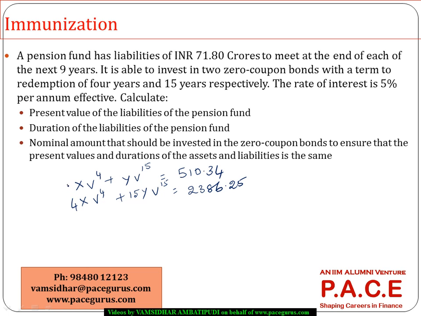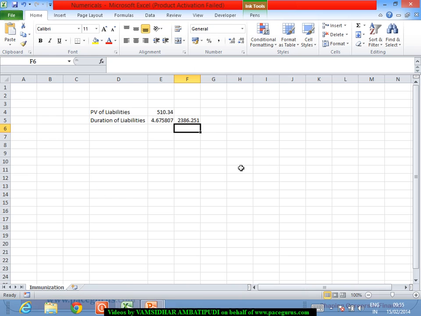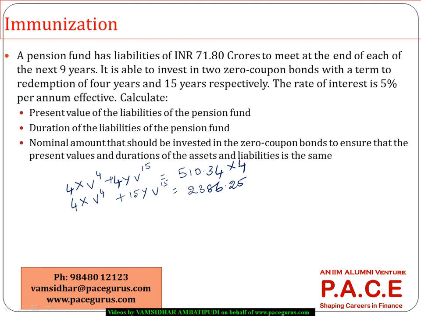Now probably I can do a simplification to find out x and y. So multiply the first one with 4. It gives me 4x v^4 plus 4y v^15 is equal to 510.34 into 4, which gives me 2041.